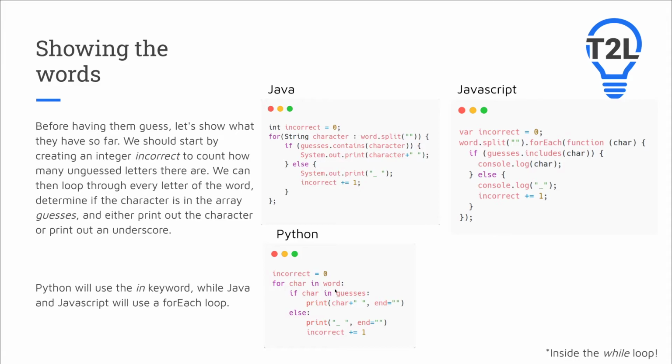If the character's in our guesses, then we can print the character. And note here, I am putting end equals just an empty string. Normally, end is equal to \n, which means new line, but we want this on the same line. So if you put end equals empty string, you won't have that new line problem. And then else you print that, and you just increment incorrect by 1.